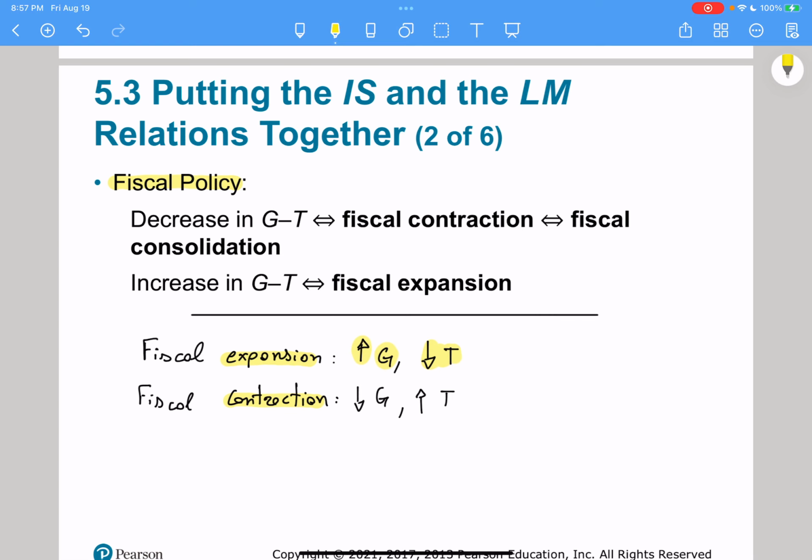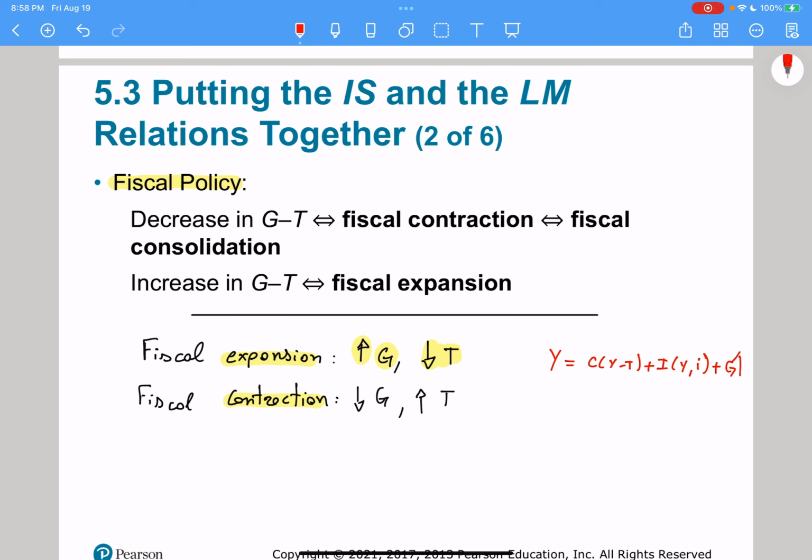This is interesting to think, what's the fiscal policy expansion? Well, you are expanding, you are making something to grow, and this will imply that the output is going to grow. If you go to the equation, which is the IS equation, we have Y equals to consumption plus investment plus government expenditures.